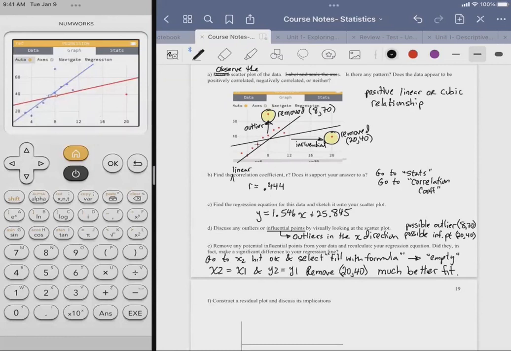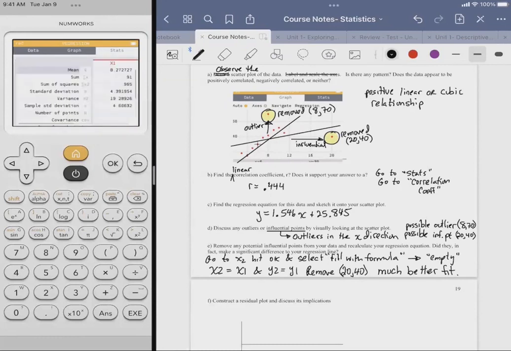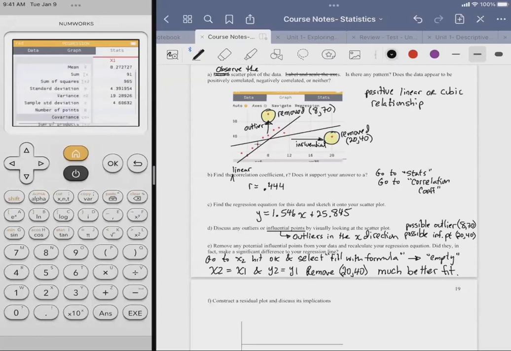Whichever one is closest to 1 is the one that you want. But if you want to see the R's, you go into stats, go down the line till you find the one that says R, go across the line, and you see that the 0.444 just became a 0.785. Right. That's much better.